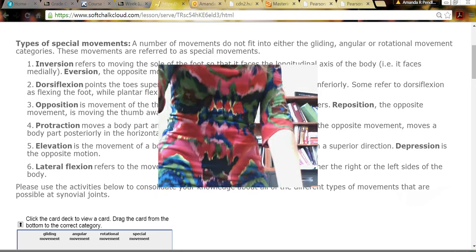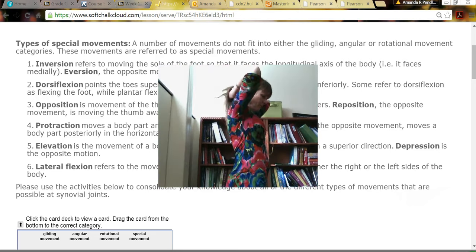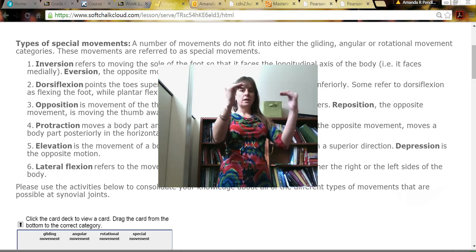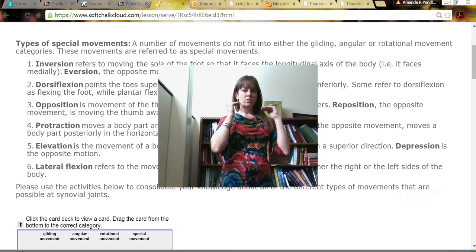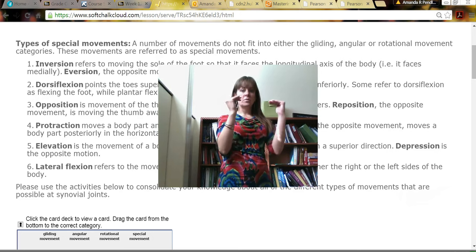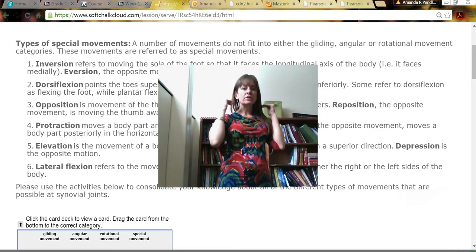Okay, next we're going to have protraction and retraction. So protraction means you're going to be moving a body part horizontally. So you're staying in that transverse plane. You're moving it in the transverse plane. If you're moving it anterior in that transverse plane, it is protraction. If you're moving it posterior, it's retraction.